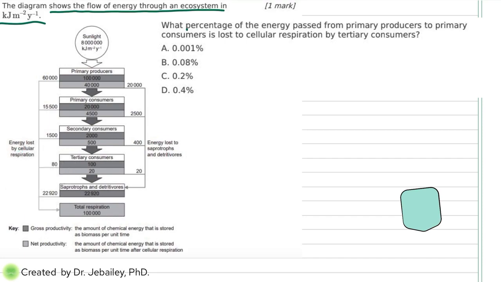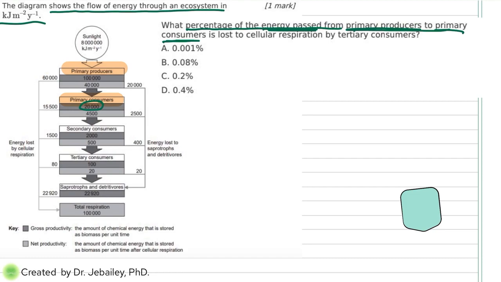The question says, what percentage of the energy is passed from the primary producers? So that means we are talking about, let me put in a nice color here, primary producers to the primary consumers, which is right here. So I am focused on the energy that is passed between primary producers and primary consumers. The energy that is passed was 20,000, as you can see, right?